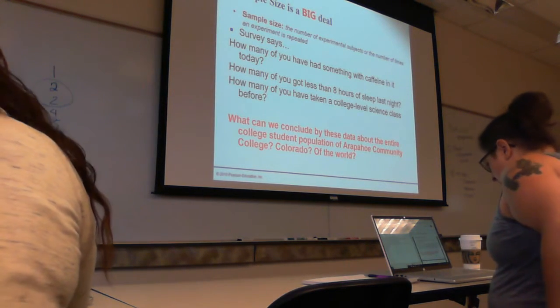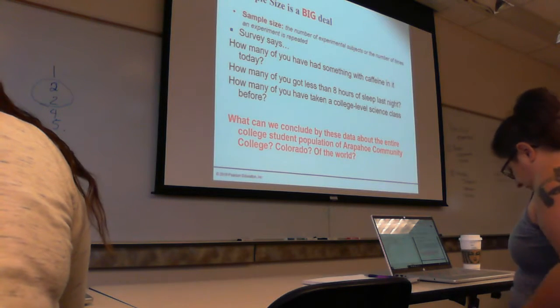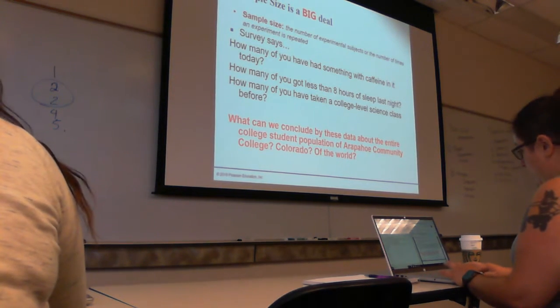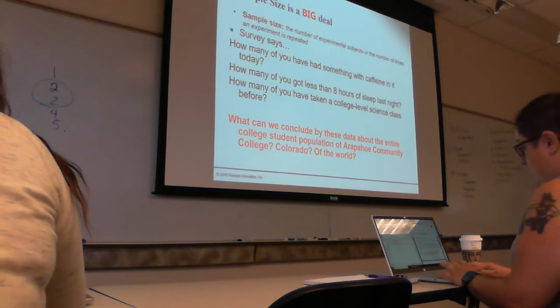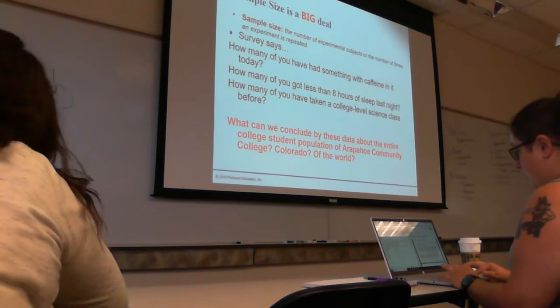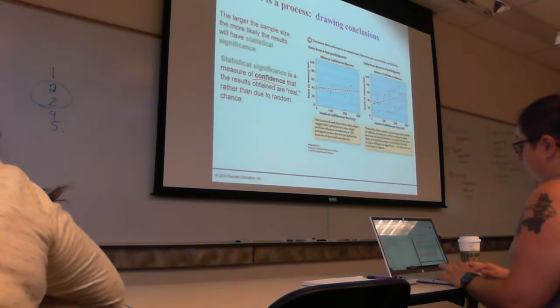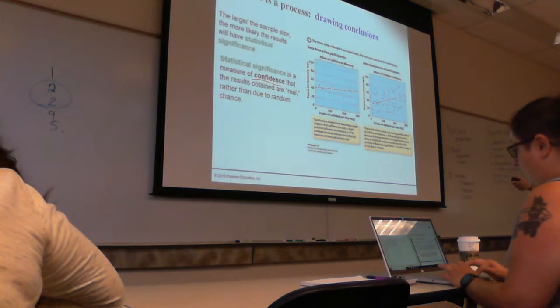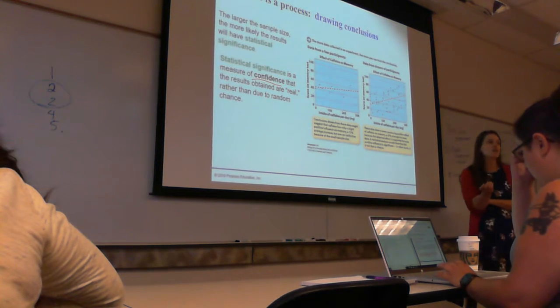If we did a survey of this class, would we be able to expand it to all of ACC, all of Colorado, the entire world? It depends on the sample size. If we just sampled this class versus if we sampled the entire school, et cetera. So statistical significance gives us a measure of confidence.